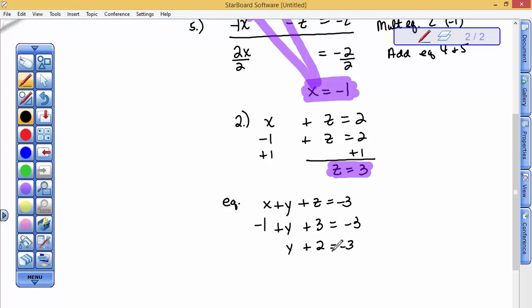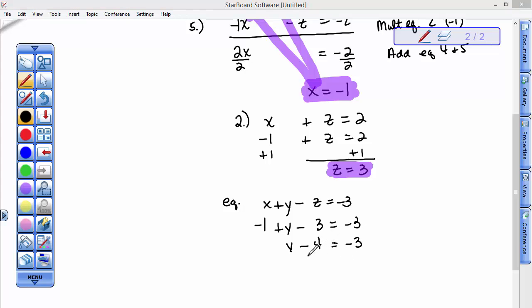I'm looking at my notes here. I see that I copied this incorrectly. This was supposed to be a minus z, so I was kind of bothered by my answer. So minus 3 here, so I have y minus 4 on the left side.